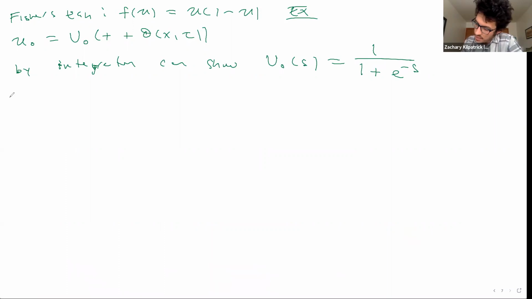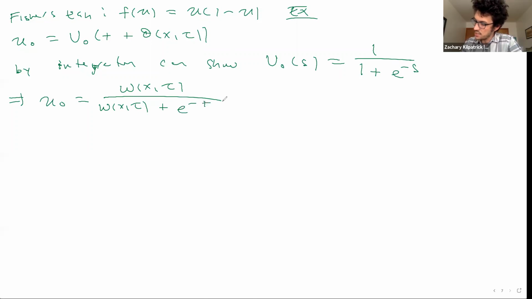So that means that u0 is equal to w of x, tau divided by w of x, tau plus e to the minus tau. Okay.